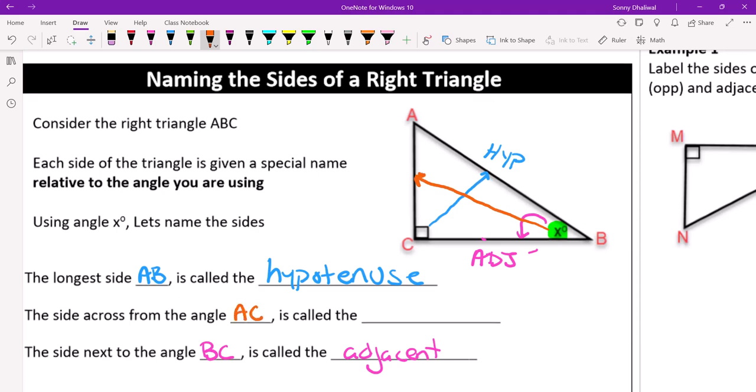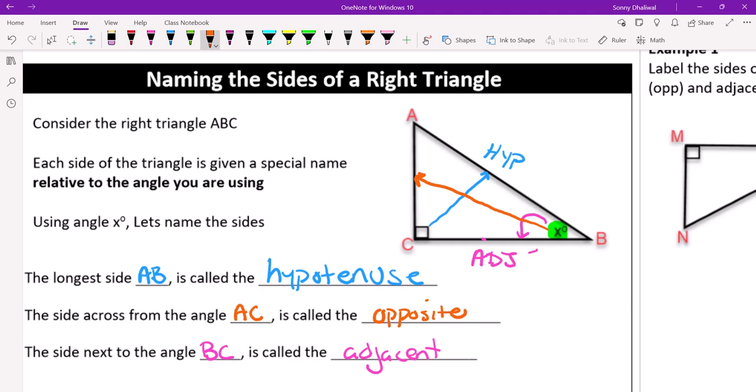That one's called your opposite. It's opposite my angle, this side. So there's three sides you need to label: hypotenuse, opposite, adjacent. Hypotenuse is the longest side, adjacent is next to whatever angle you're working with. Opposite is the one across from your angle. So it depends on the angle you're talking about.